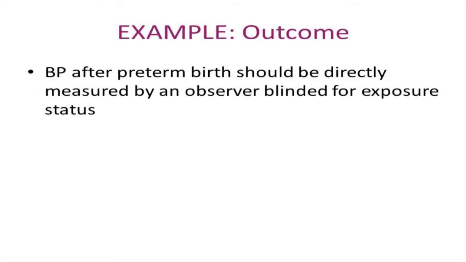We'll take another blood pressure example, because I know that both Petri and I are interested in blood pressure after preterm birth. A good assessment of blood pressure after preterm birth is that it's directly measured by an observer who is trained to measure blood pressure and blinded for the exposure status. That is, was the person I'm measuring blood pressure in born preterm or not?